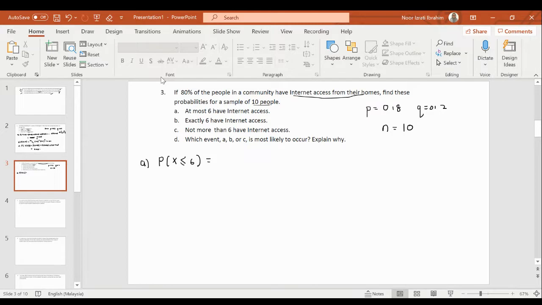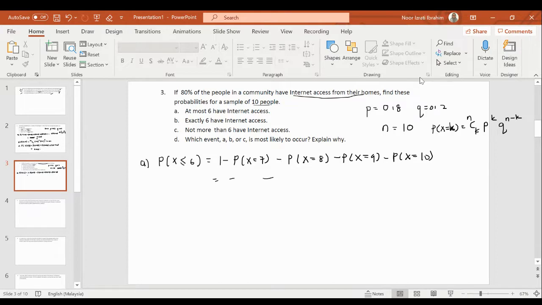So the shorter working will start with 1 minus the probability when X equals 7, minus the probability when X equals 8, minus the probability when X equals 9, minus the probability when X equals 10. One by one, you have to use the binomial distribution function, which is nCk p to the power of k times q to the power of n minus k. You should get the final answer as 0.1209.